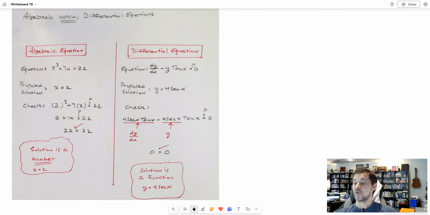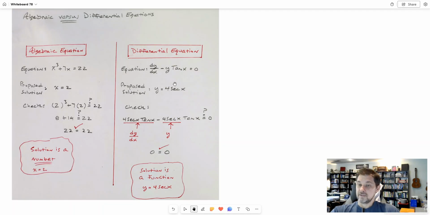So I got an equation, a differential equation. I propose you this solution right here. What does that mean if this is actually a solution? It means if you take its derivative and you subtract that function times tangent, you get 0. That's what it means. You can substitute this function in that differential equation just like you can substitute this number in that algebraic equation and see if it works, okay?